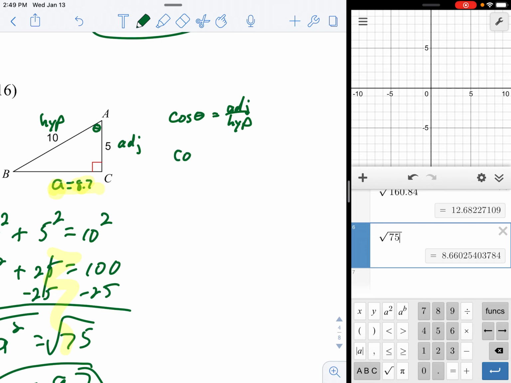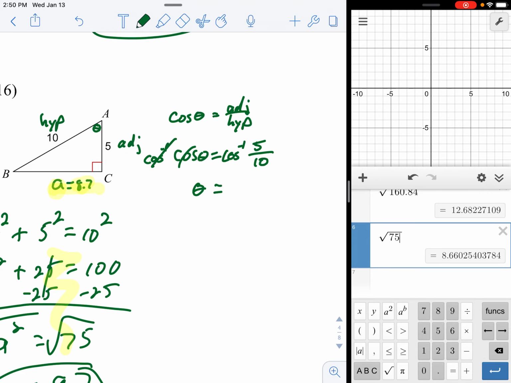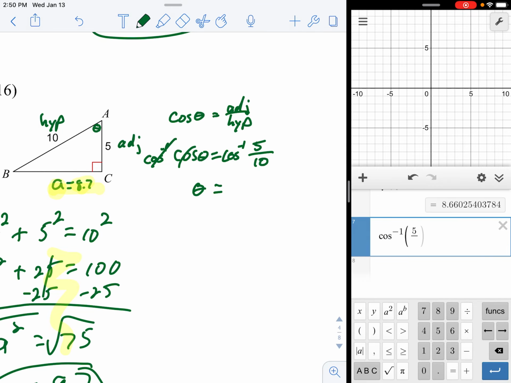So cosine of theta equals adjacent 5 over hypotenuse 10. Do the inverse cosine of both sides to solve for theta. Inverse cosine of 5 divided by 10 is 60. So this angle up here is 60 degrees.